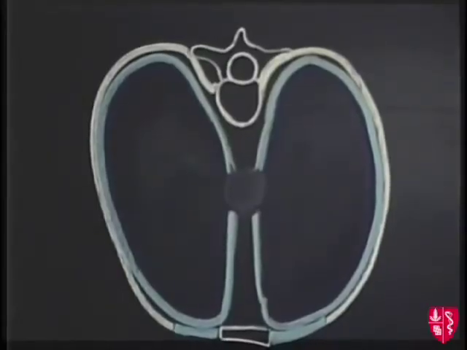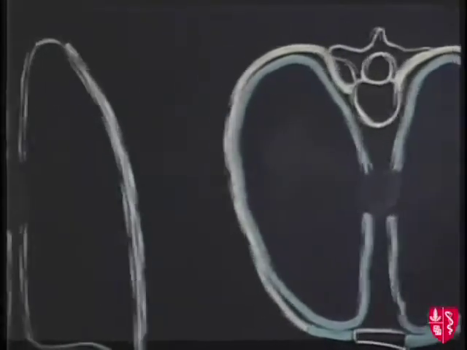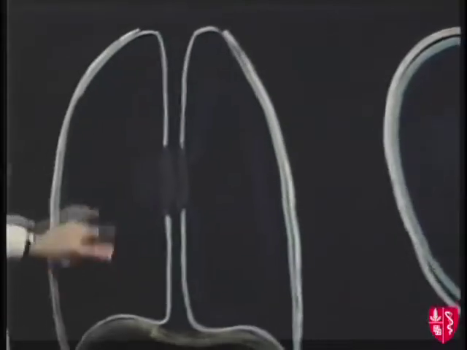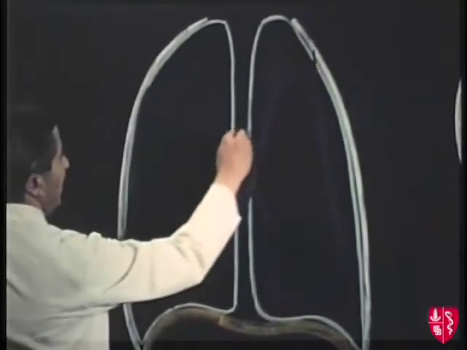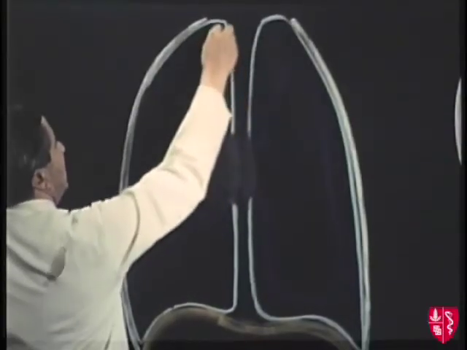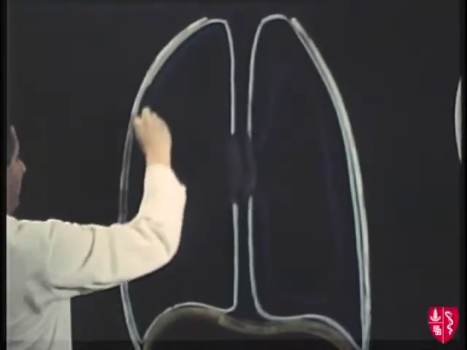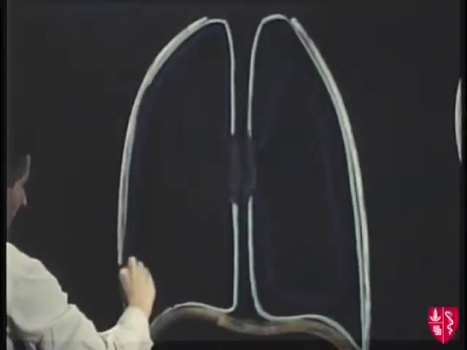And the same holds true on this diagram. As the lungs have expanded, so the pulmonary chamber becomes more and more occupied by the lung, and the visceral pleura comes almost in contact with the parietal pleura.